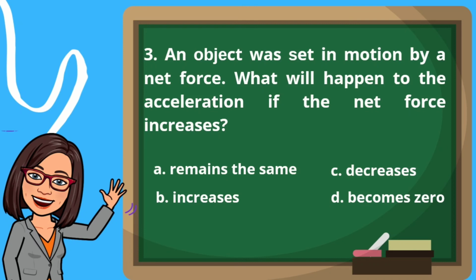You have the choices A, B, C, and D. Your time starts now. 5, 4, 3, 2, and 1. Answer is increases. Again, force is directly proportional to acceleration. If the net force increases, the acceleration also increases.